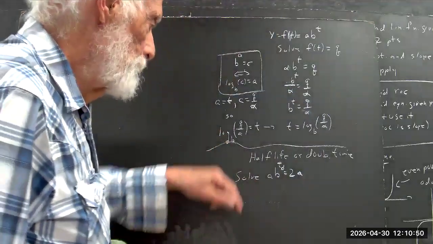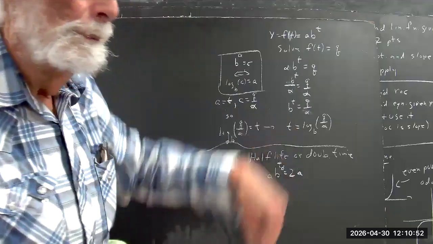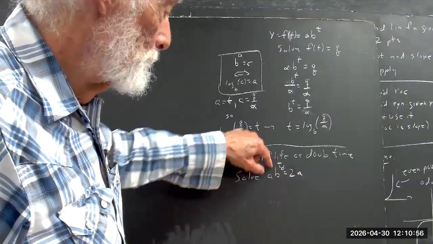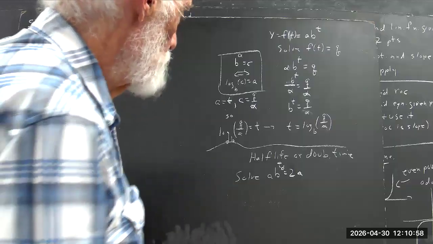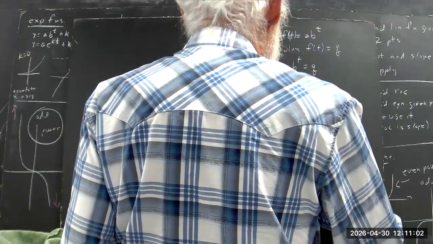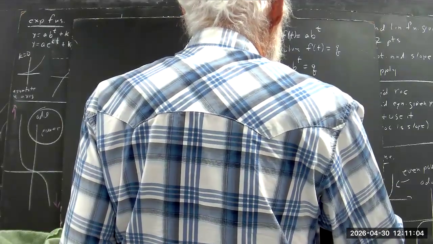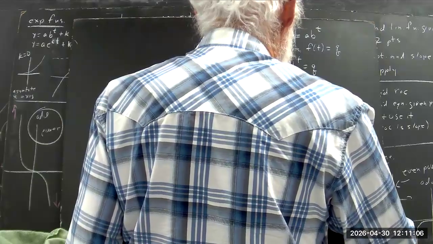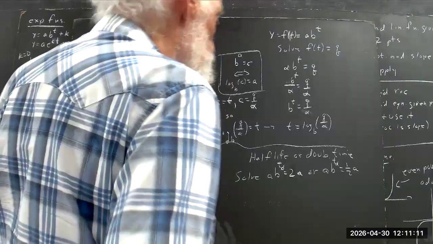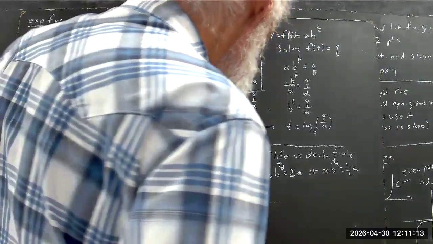If it's a doubling time, you should double a. You should double whatever number is in front of b. If it's half-life, you solve an equation like this.